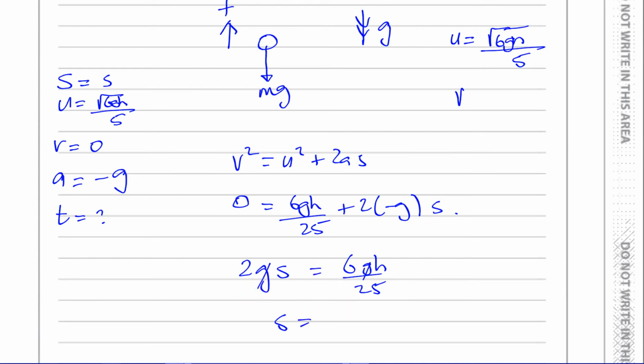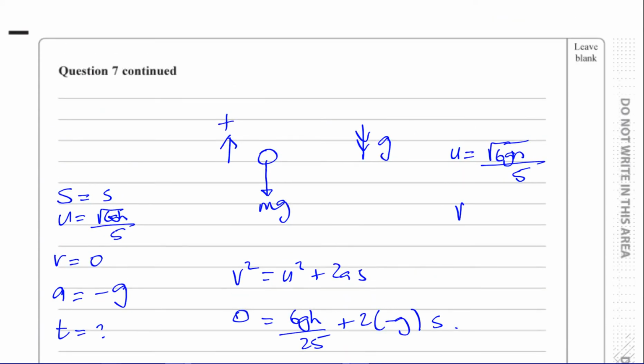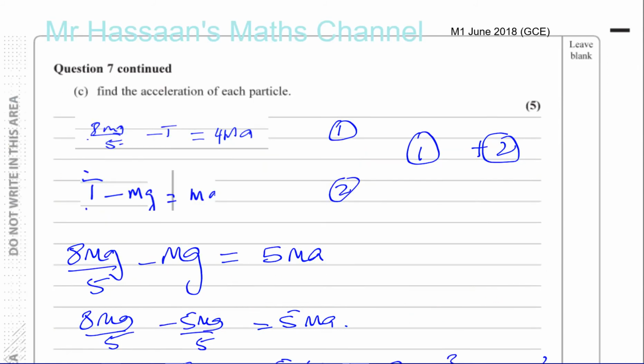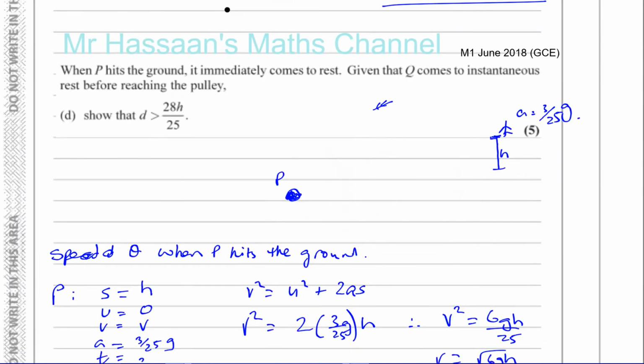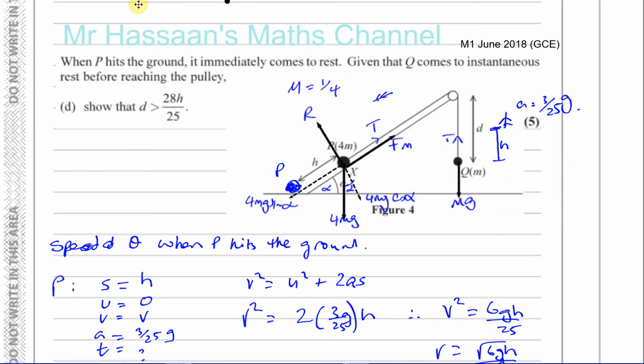So let's go back to our diagram. This is the distance s that we just found. The total distance travelled is h plus s, and s was 3h over 25.